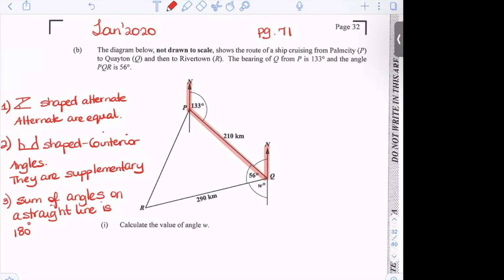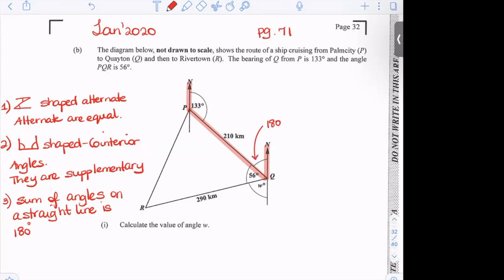All right. This is called U-shaped angles. They are supplementary. So if this angle is 133, what is the measure of this angle? If both angles add to 180, what is this angle? Who can tell me? 47 degrees.